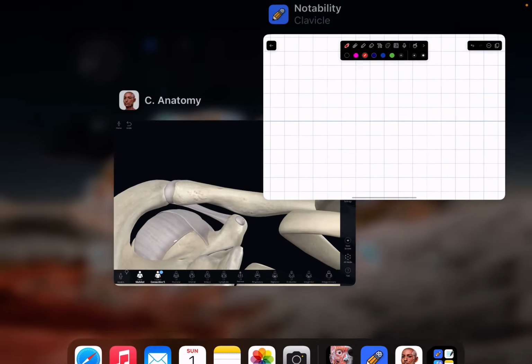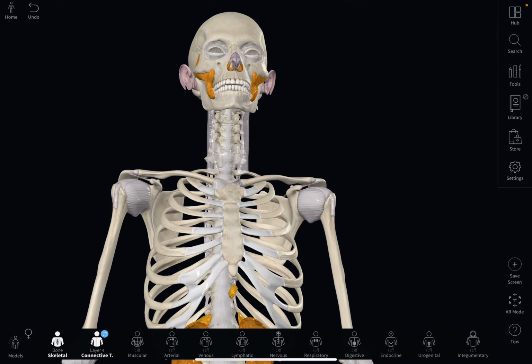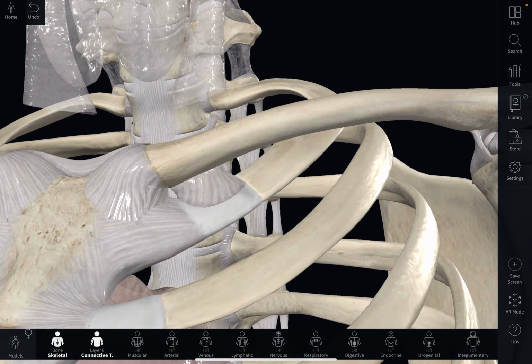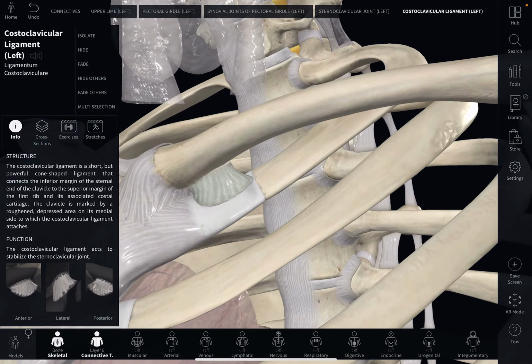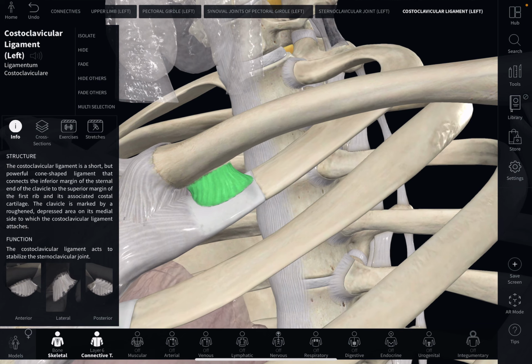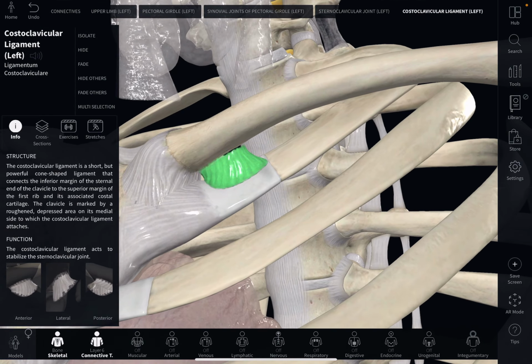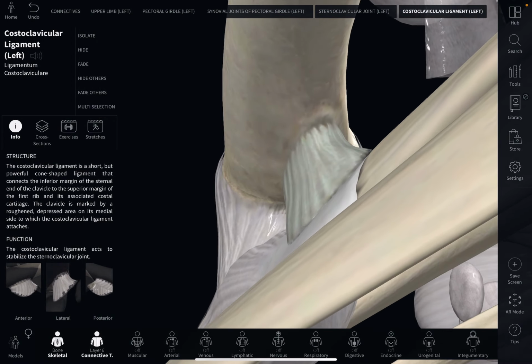Now when you look at the inferior aspect of the clavicle, you can see that there is a ligament here. This is the costoclavicular ligament. This ligament goes from the first costal cartilage to the inferior surface of the medial 2/3 close to the medial end. So this is the ligament I was talking about.